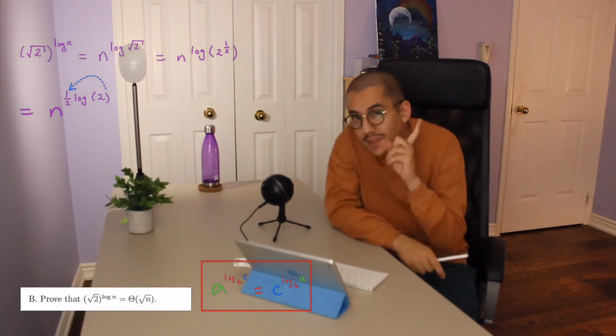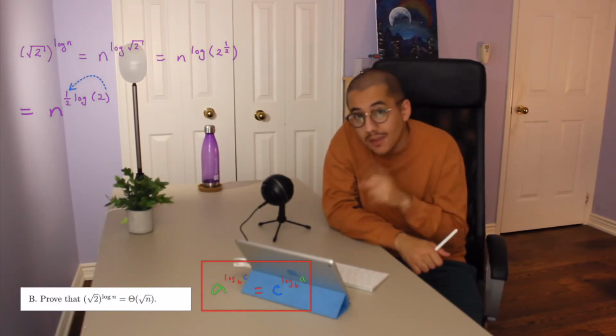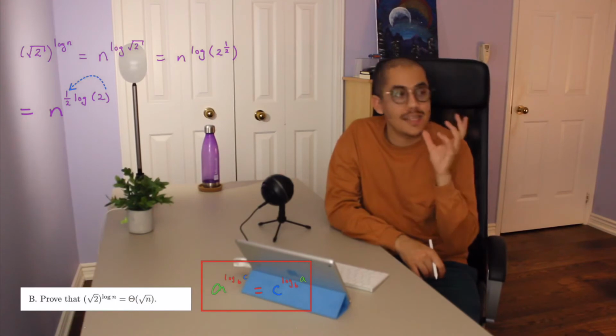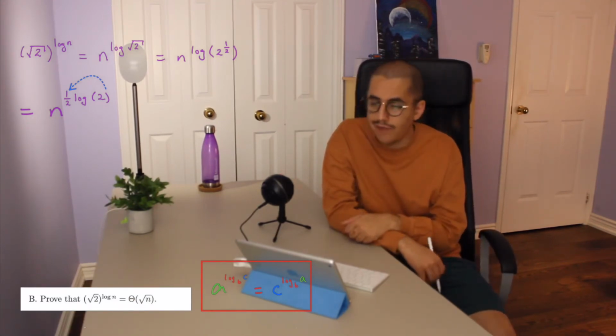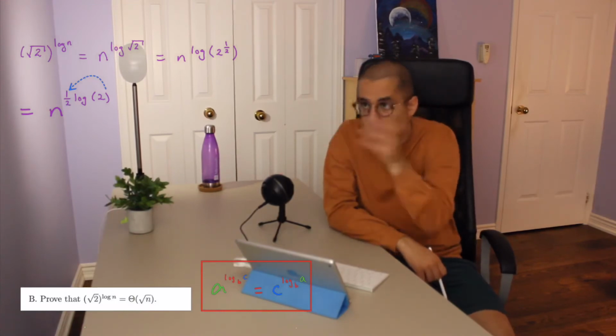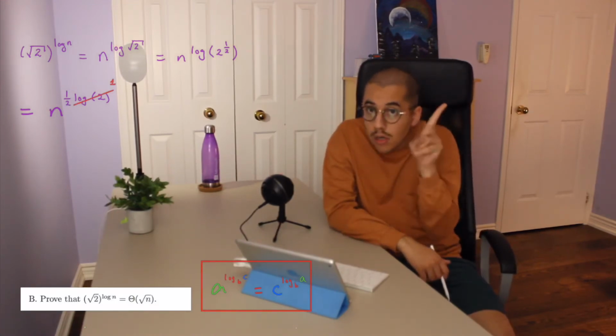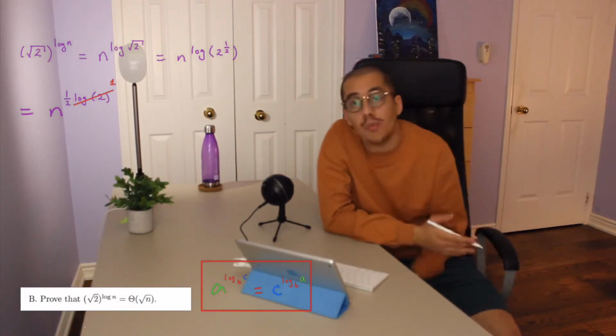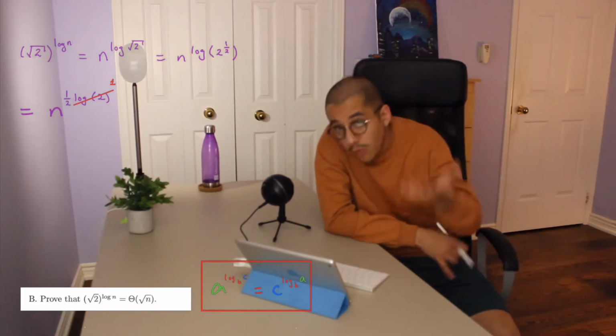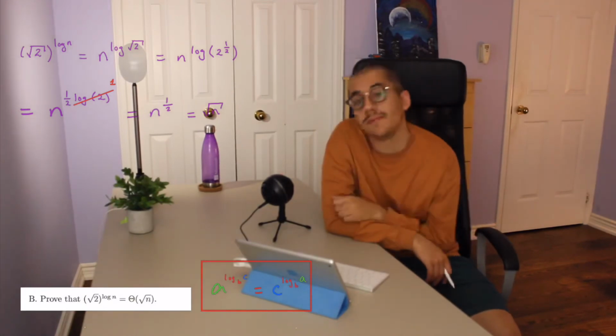But then let's not forget something. Remember the assumption we made. The log in this course is going to be a log of base 2. So log base 2 of 2 is what? 1. So that cancels out. So all we have left is n to the power of 1 over 2. In other words, it's square root of n.